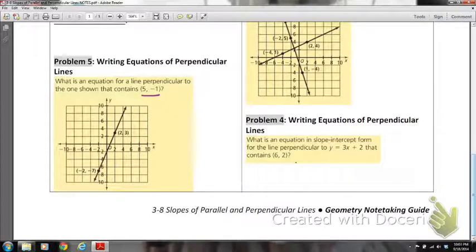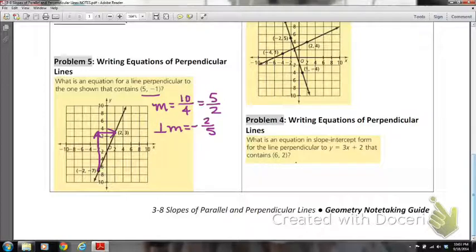So the slope of the line in this graph, if we once again count rise over run, the rise, you're going up by 2's on the scale, so it's 10 over 4, which reduces down to 5/2 as the simplified slope. So if the slope of this line is 5/2, then the perpendicular slope is going to be a negative 2/5, the opposite reciprocal.